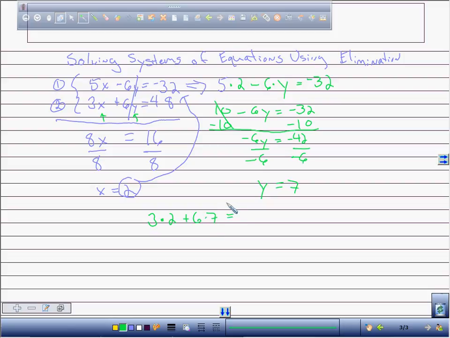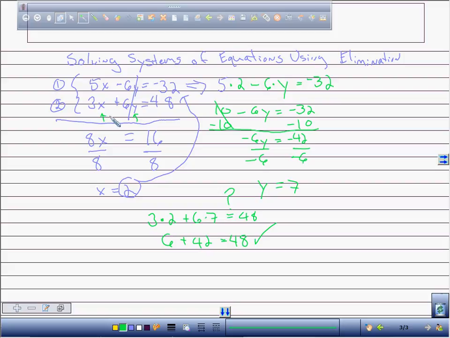Is that equal to 48? 3 times 2 is 6, and 6 times 7 is 42. Does that equal 48? Yes. So my answers for x and y check when I plug them into my second equation.